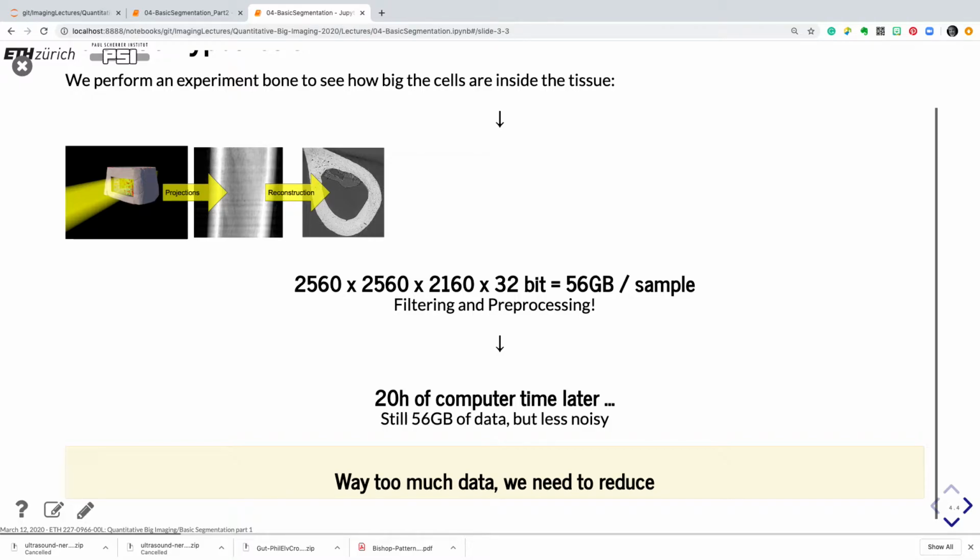In principle, your goal is to have a plot with, say, 100 points in it. That's an extreme reduction of data coming from the 56 gigabytes, which is only one sample still. So if you want to see something progress, then you would have several times this.